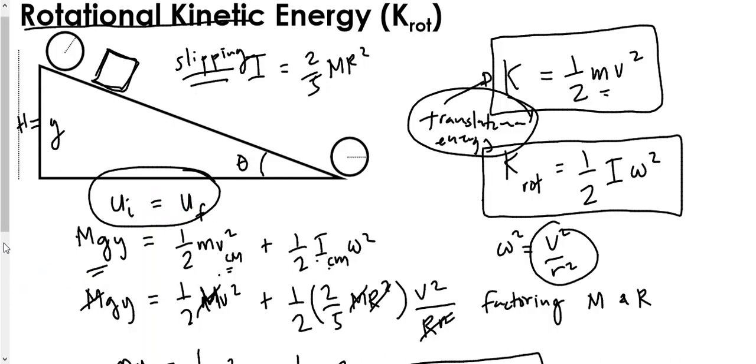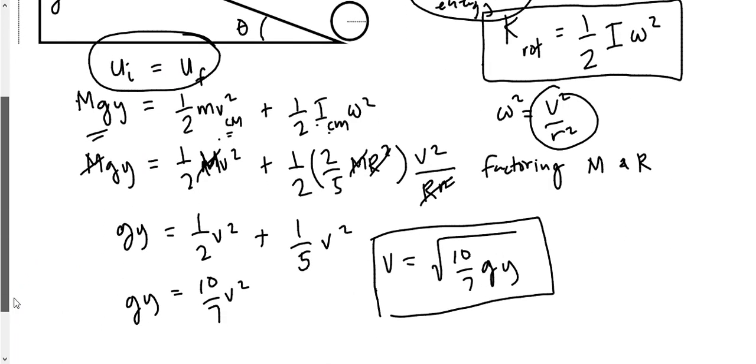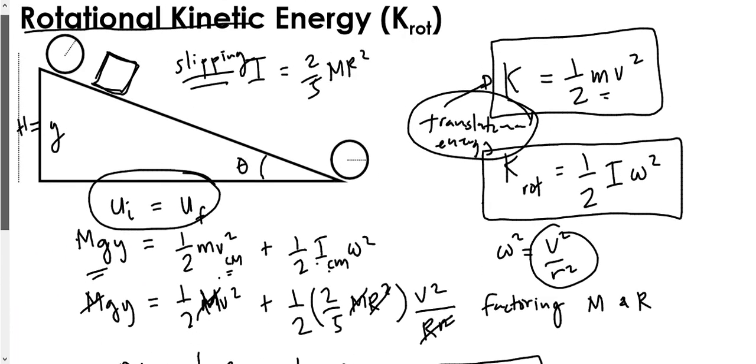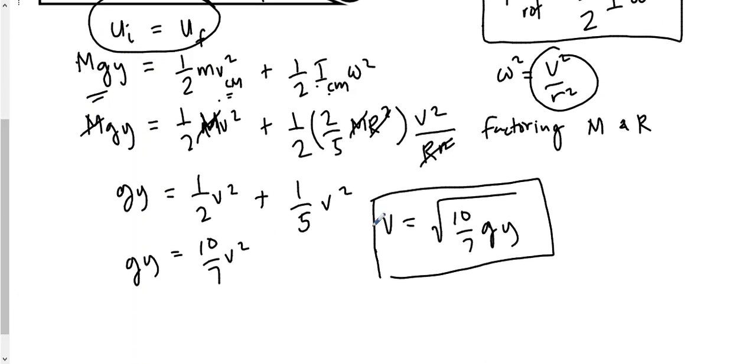So if we are going to find the velocity of an object that's sliding, that is this box here, going down an inclined plane, we will find, if we go back, it's going to be the square root of 2gh, right?